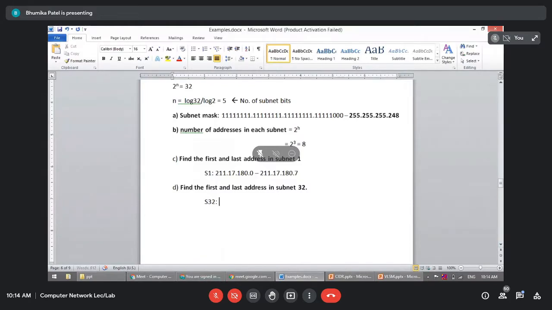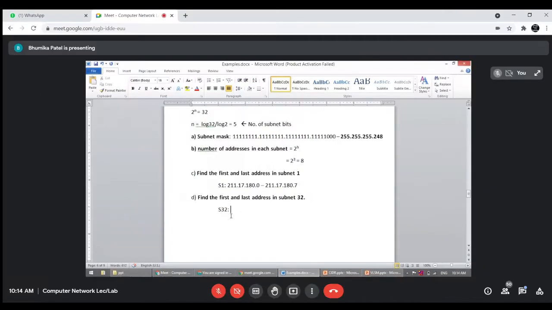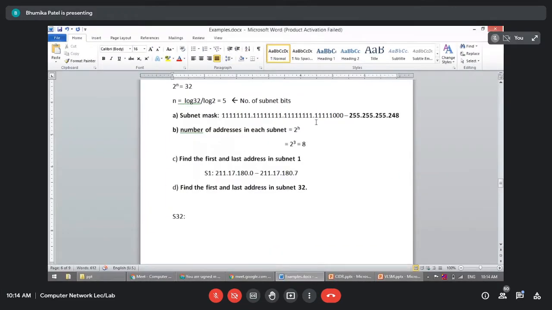Yes, ma'am. Okay, so can anybody tell me what would be the first IP address in subnet number 32? See, in each subnet, how many IP addresses are there? 8. Which subnet will come before subnet number 32? Subnet number 31.